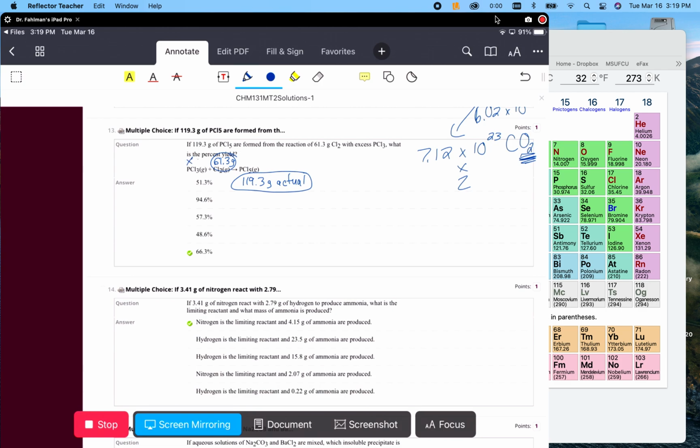And then you have just excess of PCl3. So we're going to use this and calculate moles. So 61.3 grams divided by Cl2, so that's 35.45 times 2. So 70.9 is its molar mass.